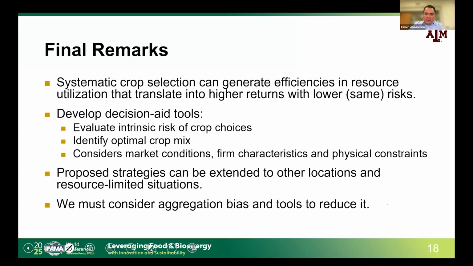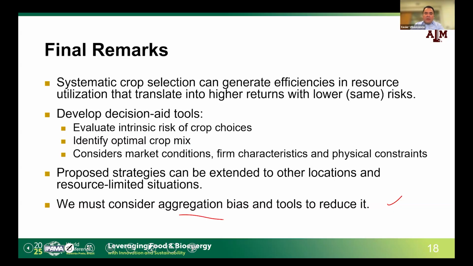The final thing that I want to talk about, and maybe I can discuss this in the question section: we don't have information about each individual farm, so we use an approximation using aggregate data at the county level. It has been documented in many papers that when we do that, we have what we call aggregation bias.